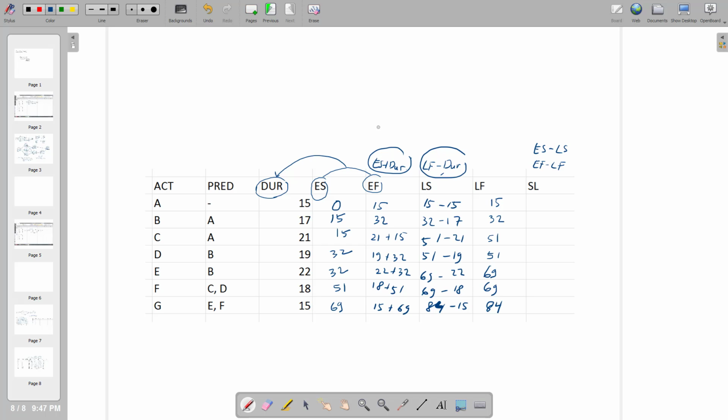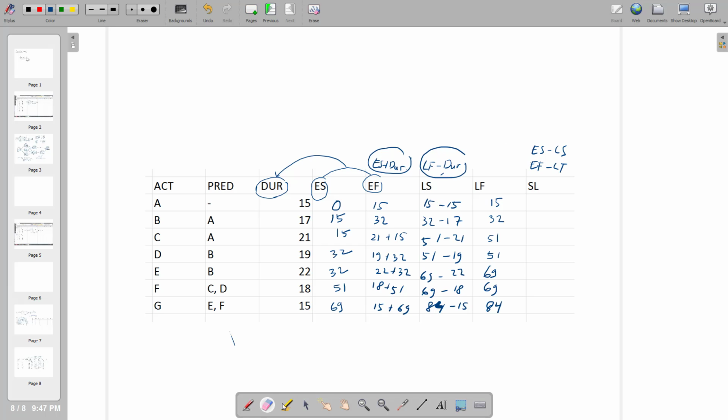Sorry, I made a mistake. EF, that one will be the duration. This one will be the difference between early start and late start, and this one will be the difference between early finish and late finish.